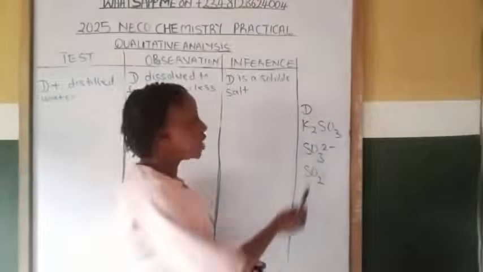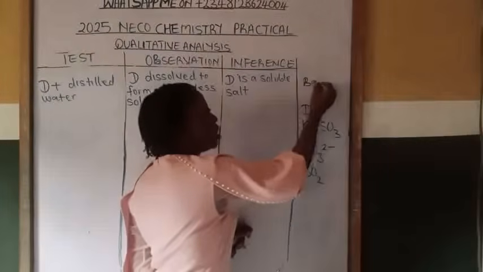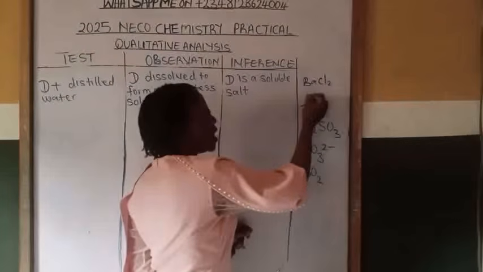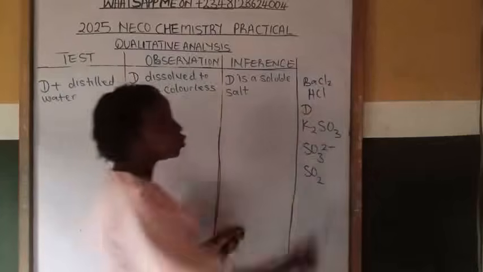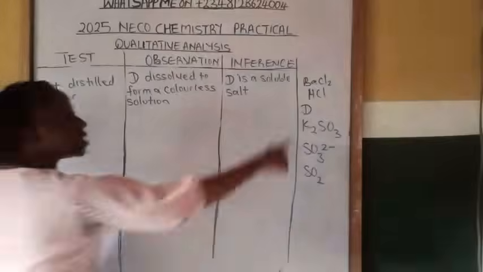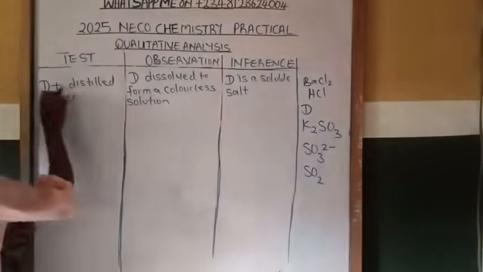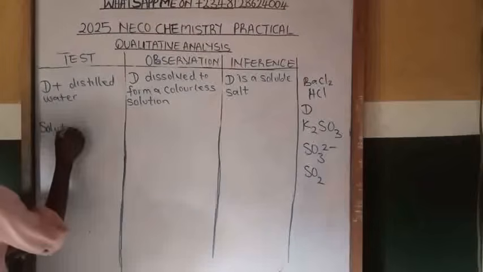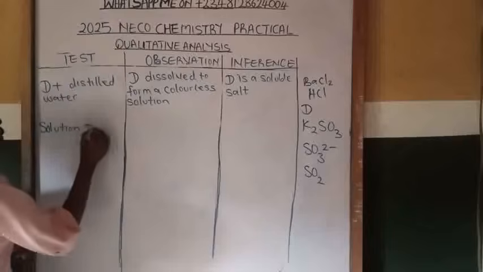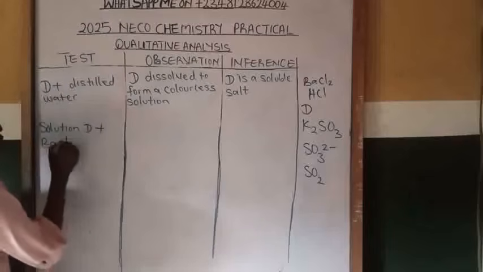So the next one is SO3 minus, and we are going to use aqueous barium chloride and dilute HCl to test for SO3 minus. So we first add barium chloride to our solution above. So to solution D plus aqueous barium chloride.